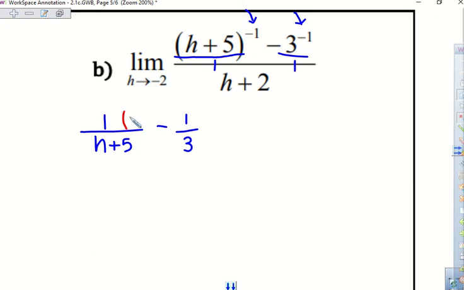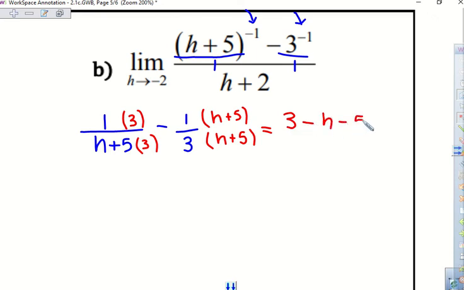Then we're going to multiply the opposite fractions by the opposite denominator to get them to have a common denominator, since they don't have any factors in common. So this is going to become 3 minus h minus 5, because remember you have to distribute that negative sign, all over the new denominator of 3 times h plus 5.